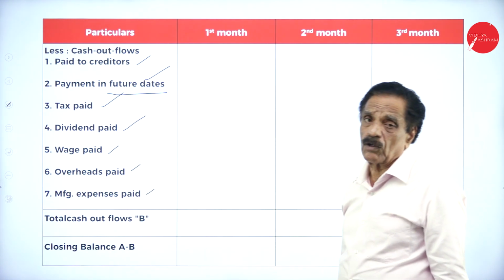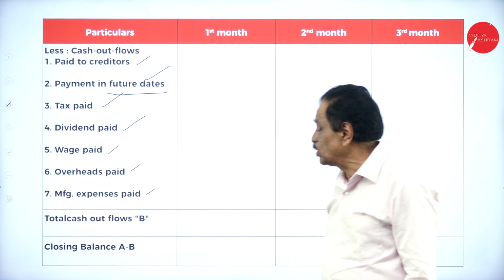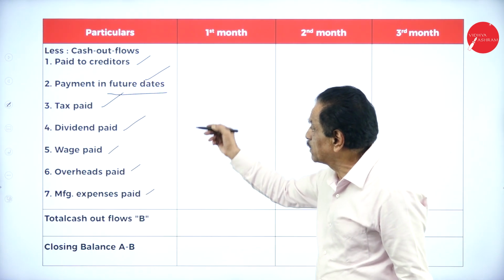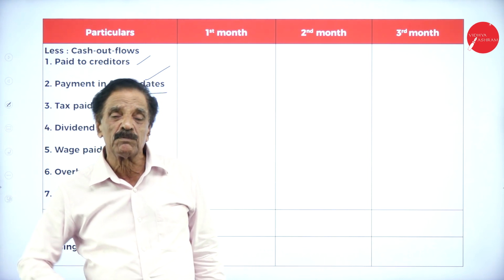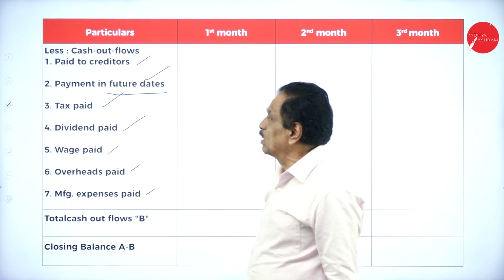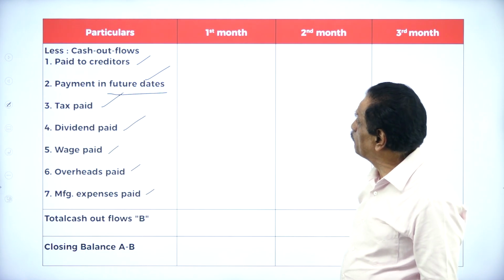So it is called total outflow. A minus B, the closing balance will come. The closing balance of April becomes the opening balance for May. The closing balance of May becomes the opening balance for June. It goes the same way for a long, long time.